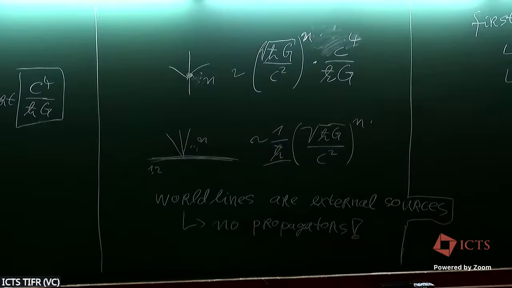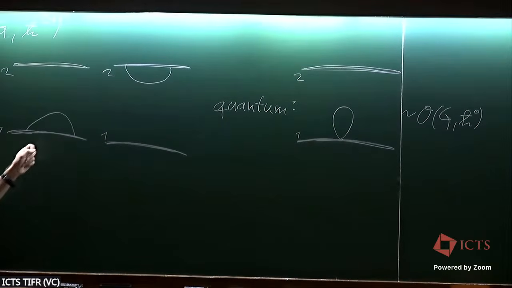Well, I'm not sure how to explain it. It follows from the math in a sense. But in some sense, this is a proper quantum loop correction, while here, since there's no propagation along the world line, this is not really a quantum loop. This is just an interaction of the external source with itself. It's also a completely classical thing that you would get also in a classical calculation with a point mass.